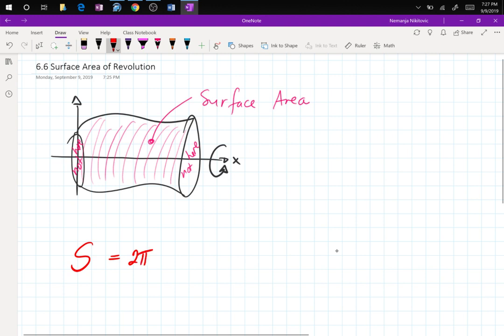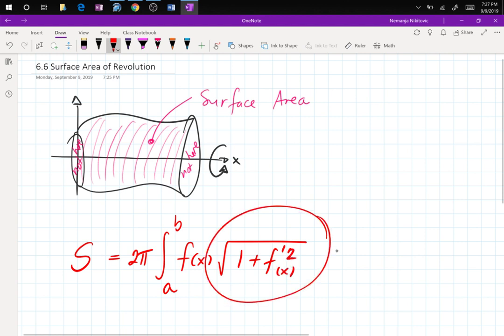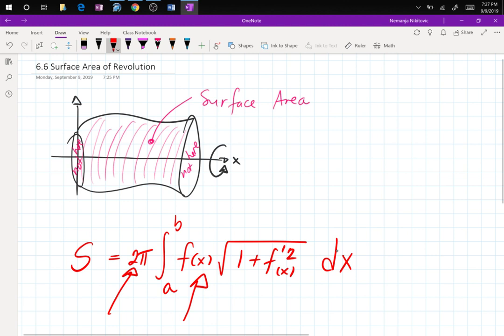So it's 2 pi, integral a to b, and now you're going to have f of x times the square root of 1 plus f prime squared. So that's the length of the curve piece, right? We just had it. The only new features in this formula are 2 pi and f of x. Other than those, you take those two out, it's length of curve.